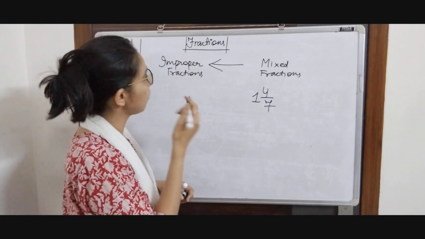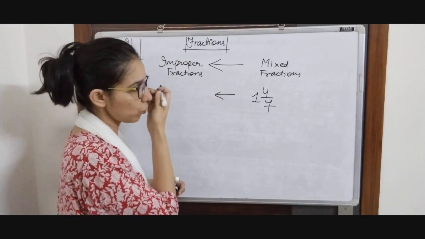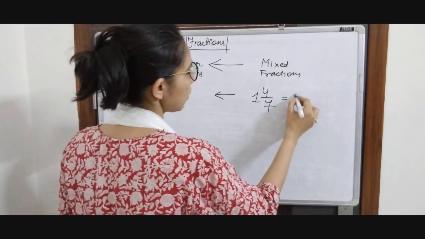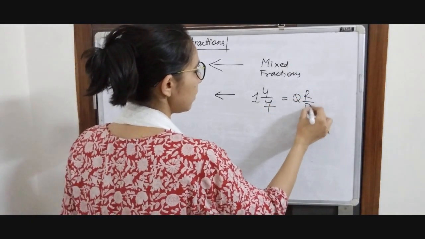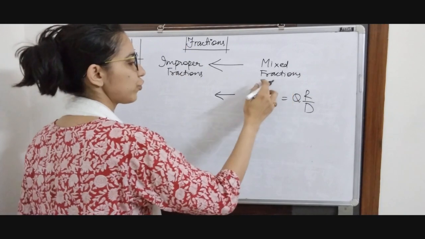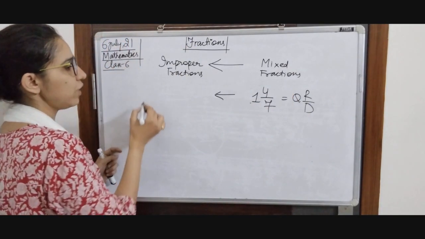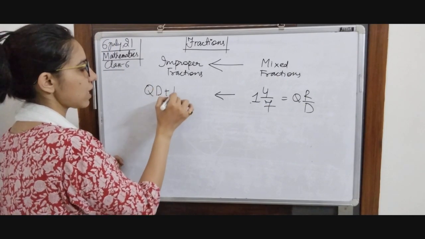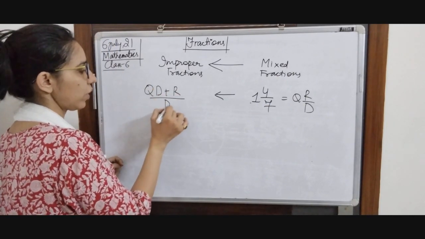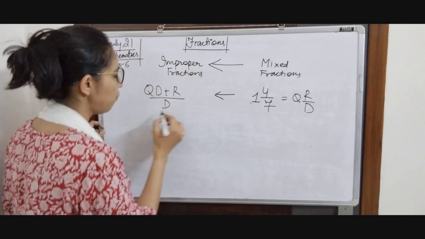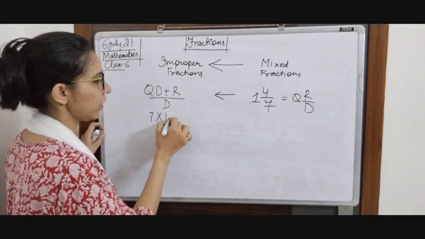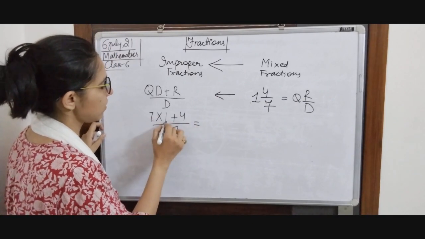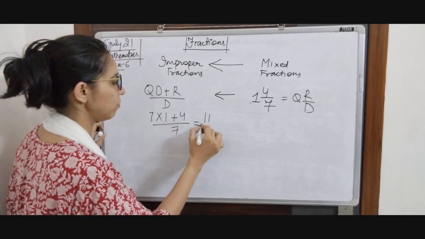Our improper fraction is going to be, this was your q r by d. This q was 1, r was 4, and d was 7. It will be q d plus r by d. So this is going to be 1 into 7 plus 4 by 7, which is going to be 7 plus 4, 11 by 7.